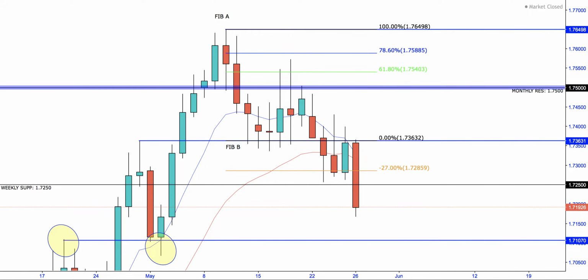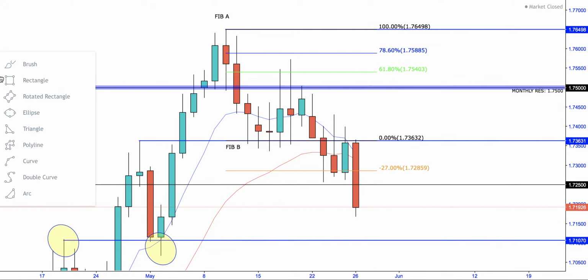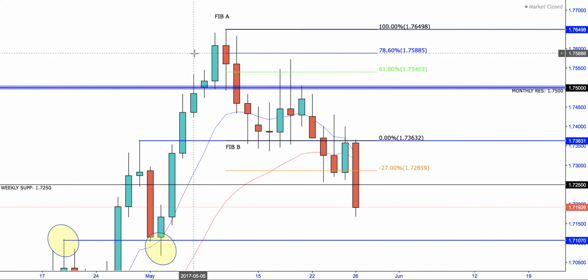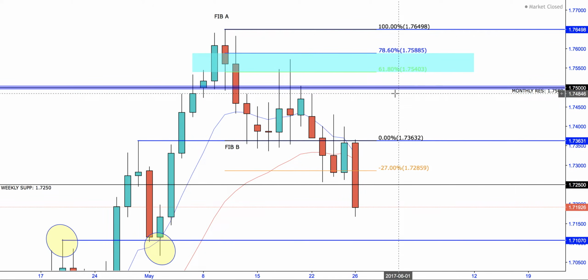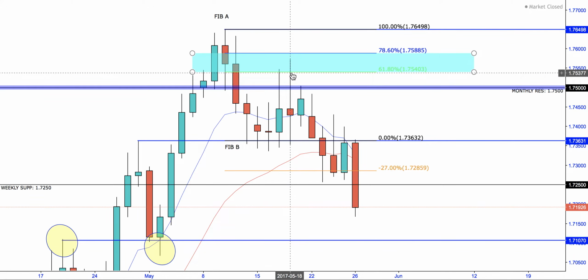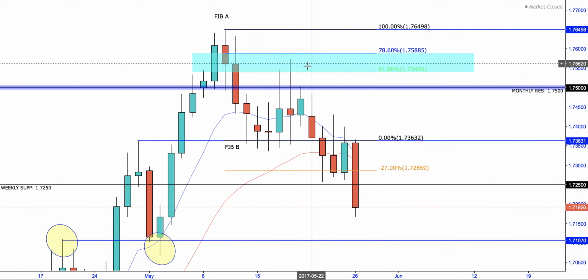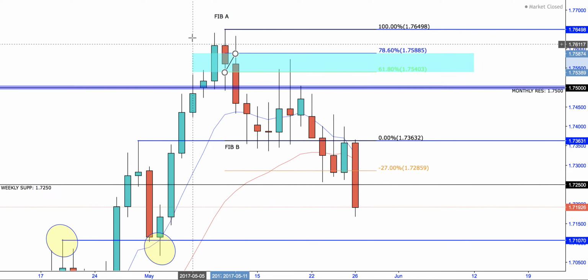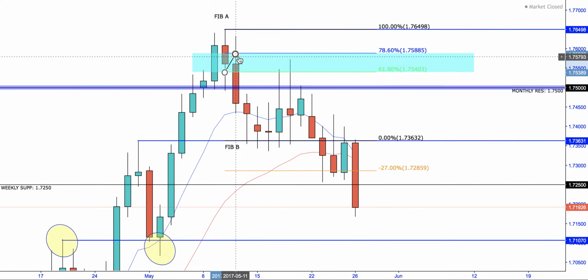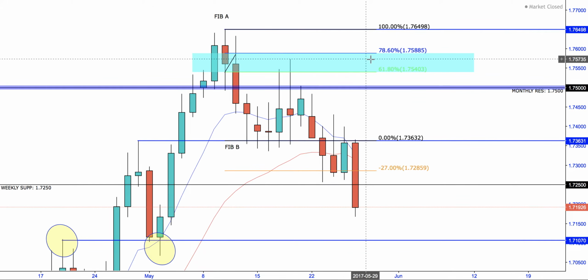What we can see also, the regional range that we want to be more or less trading from is a pin to the 61.8, which we can see here twice, or a pin into the region. So what we're trying to do, we are now trading from the region of the 61.8 and the 78.6.